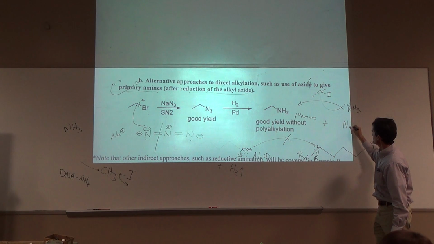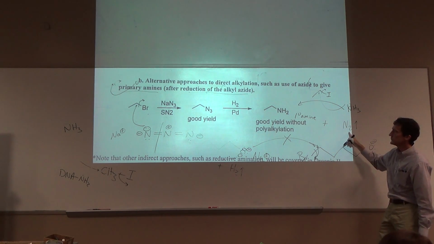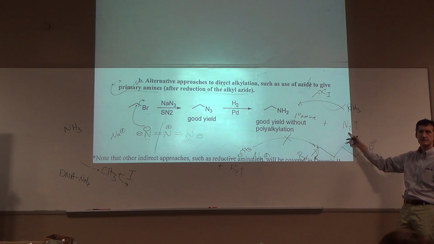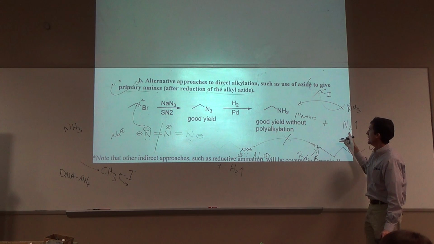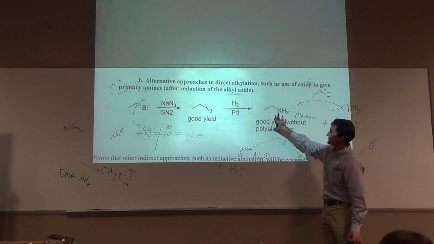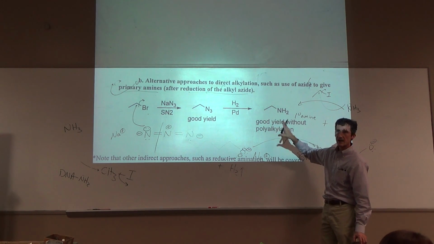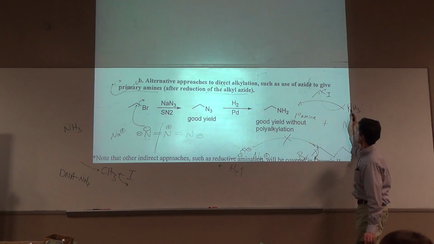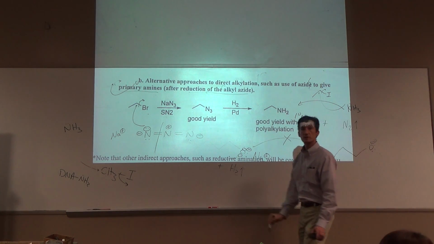It may be nitrogen gas. Or this may come off as sort of reduced, like hydrazine or something. I'm not actually sure. But here we made this by an indirect route, and you don't have the problem of polyalkylation, because this is only going to react once, where this has the potential of giving poly.